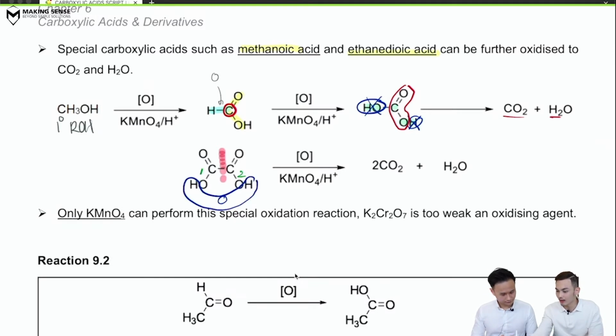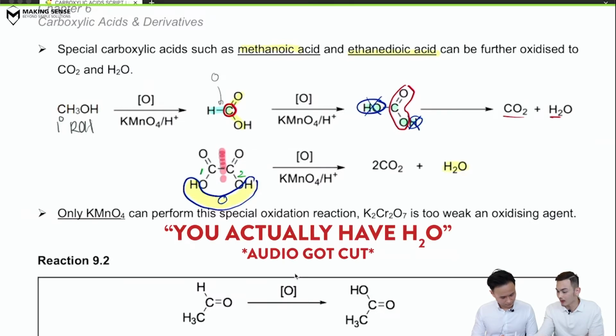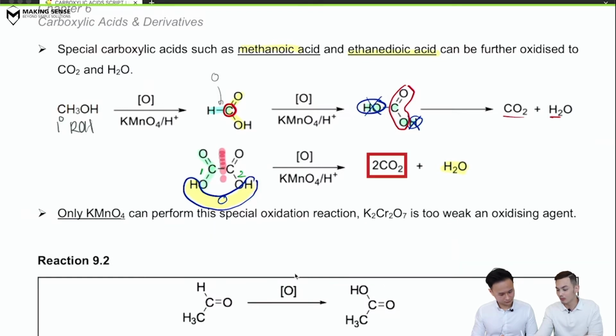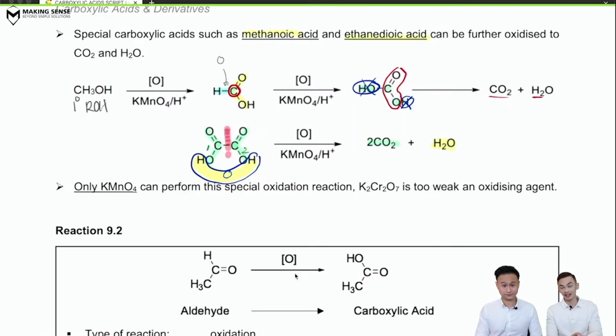I'm just going to color code this. What you have formed is H₂O, and whatever is left behind will be two molecules of CO₂. And that's how it works. Bear in mind, only KMnO₄ is able to do this oxidation. K₂Cr₂O₇ is too weak to perform this oxidation.